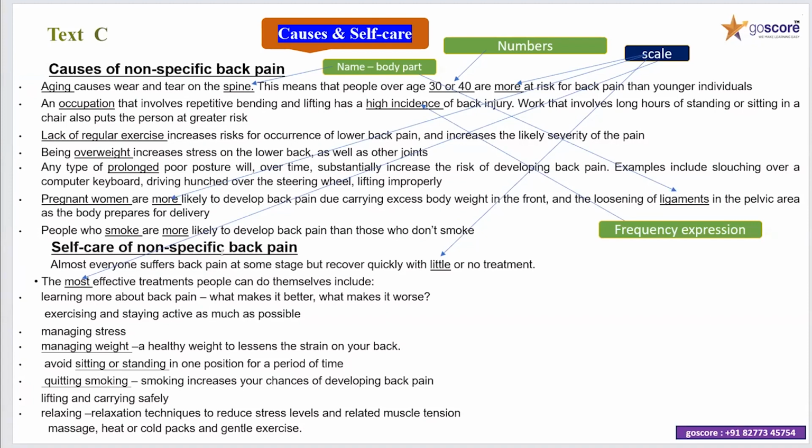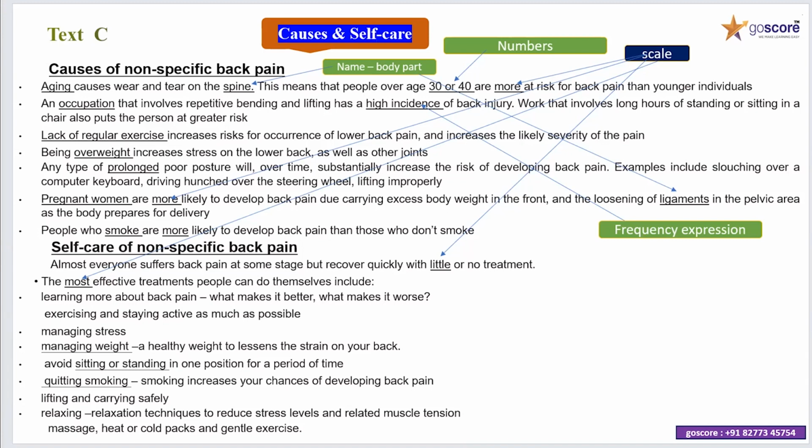Again, here causes and self-care. Here some scales are there, managing weight. Again, here avoid sitting or standing, quitting smoking, lifting and carrying safely. Okay, fine. So you will get an overall idea: causes of non-specific back pain and self-care of non-specific back pain in text C.